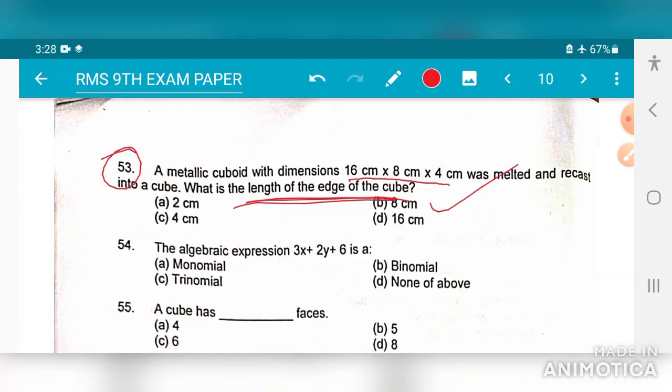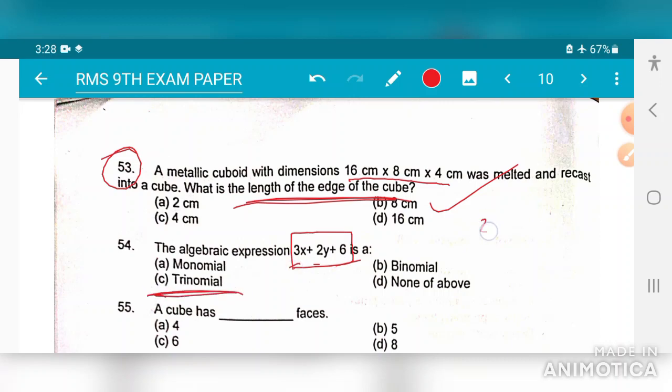Next, the algebraic expression 3x plus 2y plus 6 is a... It is very easy. See here, how many terms are there? There are 1 term, 2 term, 3 term. If an algebraic expression has 3 terms, it is called a trinomial.